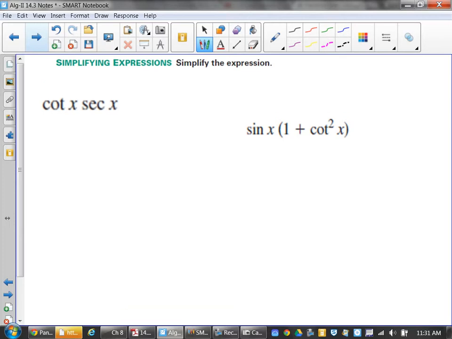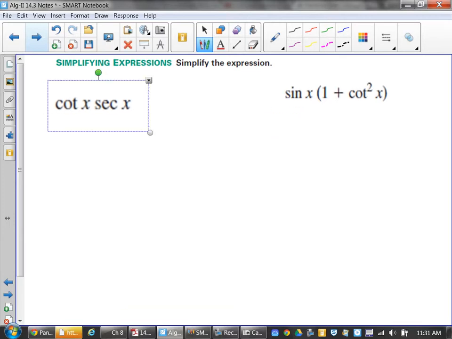So here, these are what we call simplifies. And notice in the simplifies, there's no equals. They're not telling you what the simplified version is going to look like. Which means you have to figure out how to get it to be as simplified as possible. There are very subtle tricks and ideas to look at as you're going through these. For example, in the first one, we have cotangent times secant.